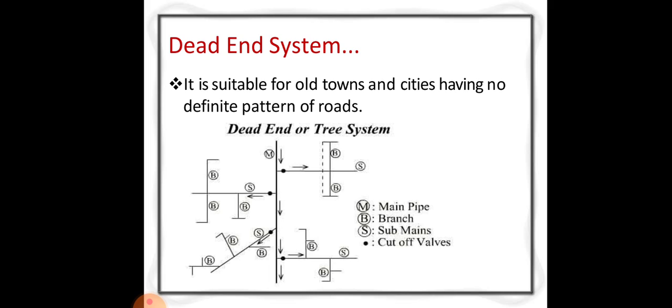So one main pipeline will be running through the center of the populated area, and then there will be some submains which will take off from the main. From the main there will be submains, and the submains will further be divided into several branch lines from which the service connections will be given.